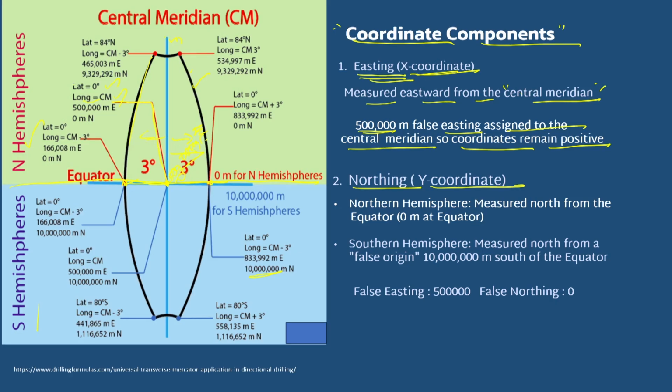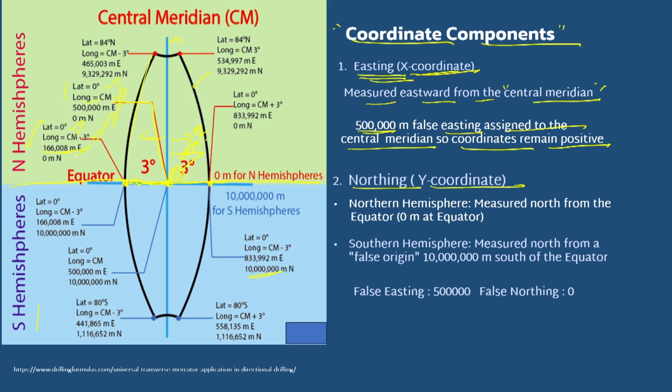So, let us understand these numbers. This is the central meridian number we just discussed, this is the starting point of the zone, and this is the ending point of the zone, where the latitude value remains 0 degree. From the central meridian minus 3 degree, the easting is 166,008 meter from the east.